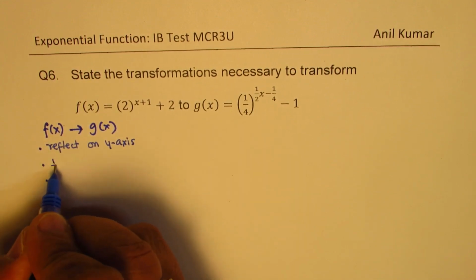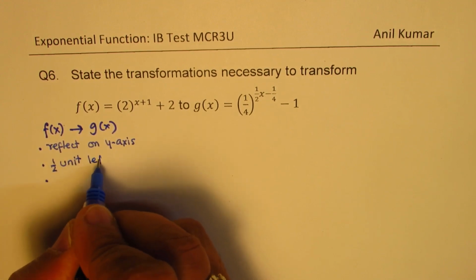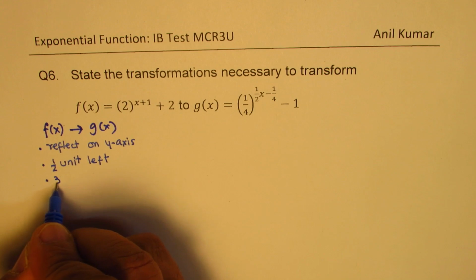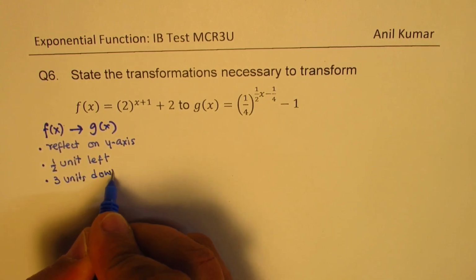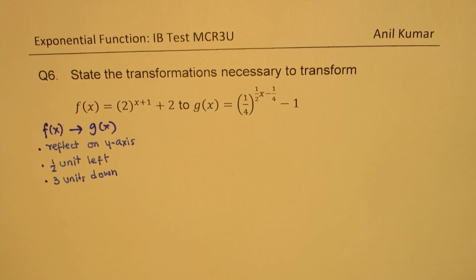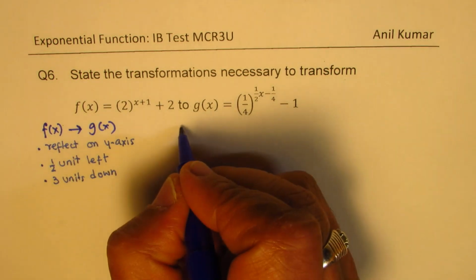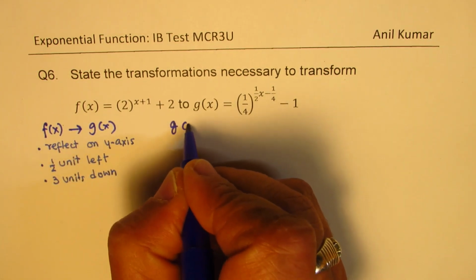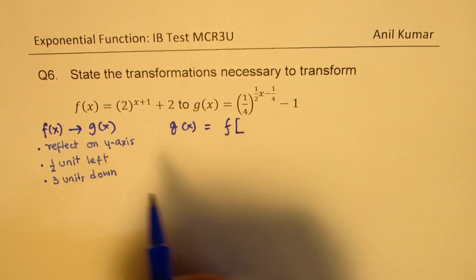Second was half unit left. And third was 3 down. Correct? So if that is the transformation, we can write the function g of x as equal to f of negative x, plus half or 0.5, minus 3.